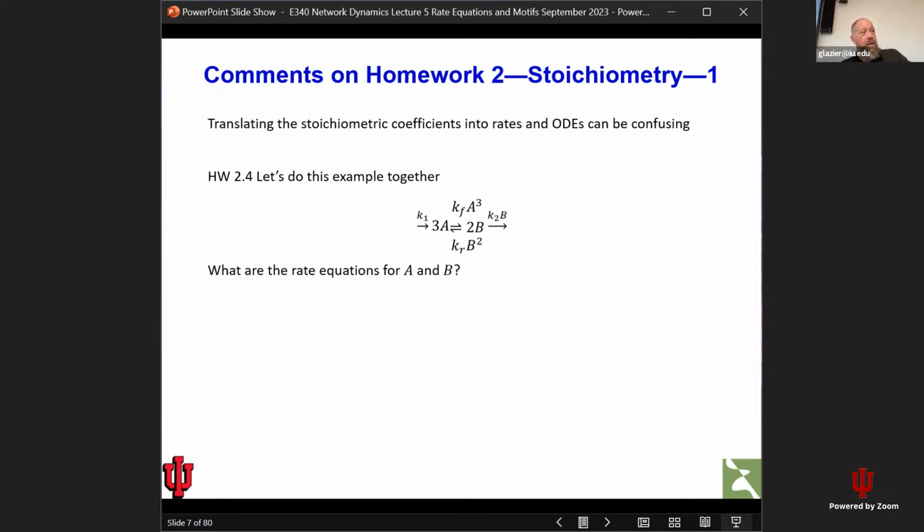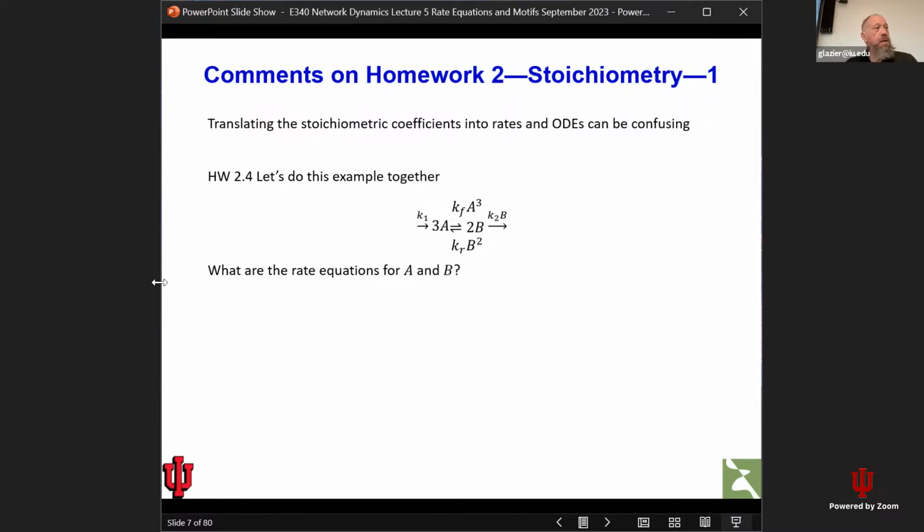We had a simple driven reaction where A goes to B, just one molecule of A going to one molecule of B. And then a slightly more complex one in which we had 3A going to 2B, and we assumed mass action kinetics. And I asked, what are the rate equations for A and B?